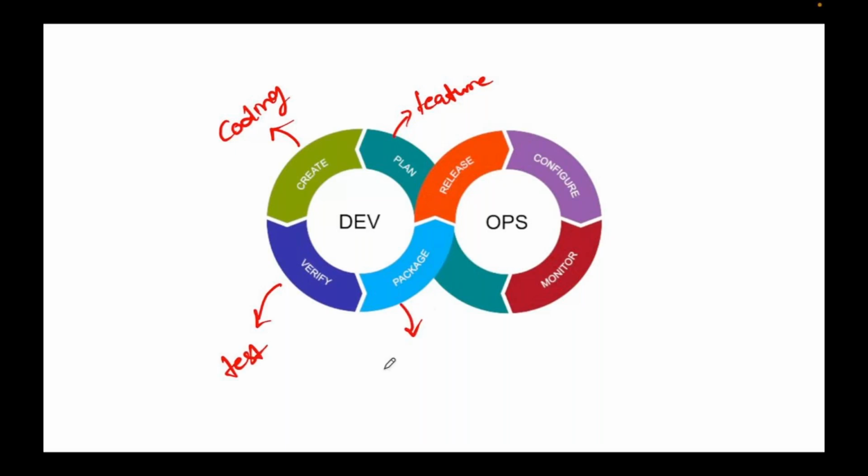Package is nothing but a build file. We'll talk about it one by one. And once the build is ready, they go to the upstream, as I said, and there they tag it as a release, like 1.2.0 or 2.8.1. They call it a release.